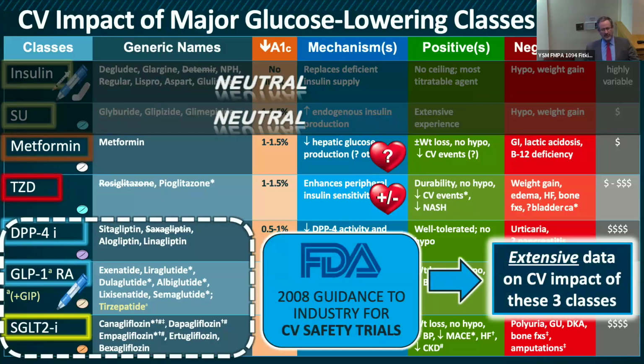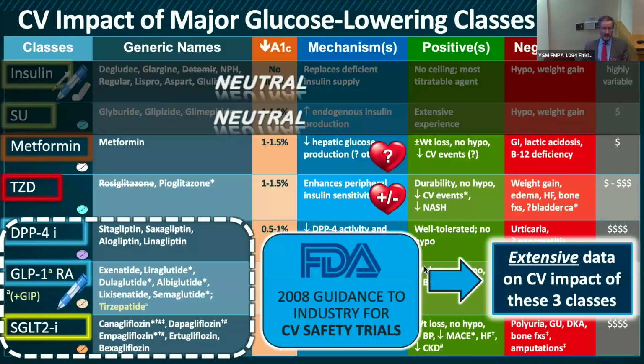The FDA, for a number of reasons, some being drugs that almost came to market, that in late stages of clinical development were found to have adverse effects on major adverse cardiovascular events, beginning in 2008, mandated that any new type 2 diabetes therapeutic coming to the US market would have to demonstrate cardiovascular safety.